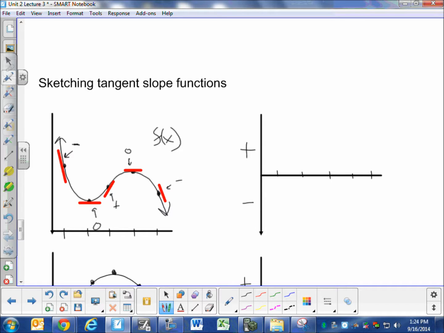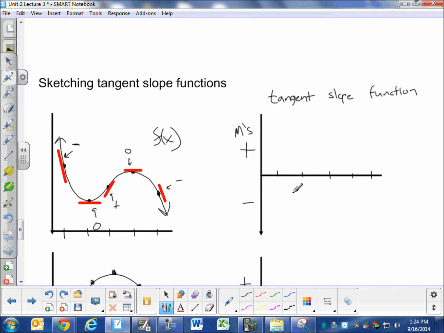Negative. Well, what I'm going to do is sketch a tangent slope function. Okay, and we have positive y values up here. We have negative y values, but we're going to consider them not y values, but we're going to consider them slopes. These are m values that are positive here or negative here.